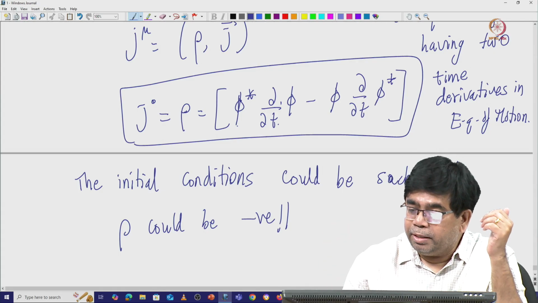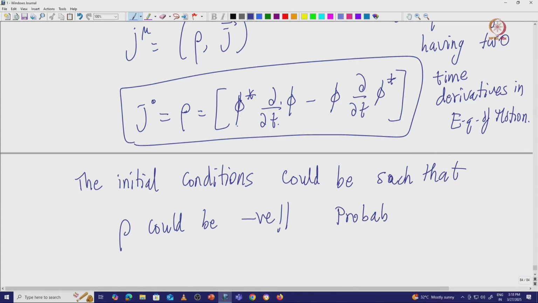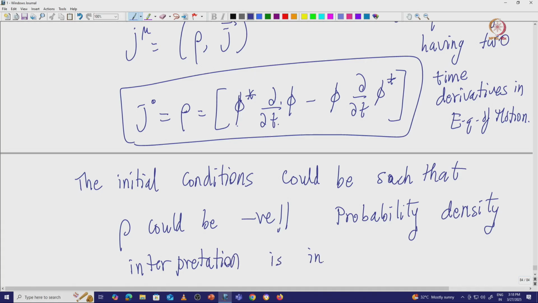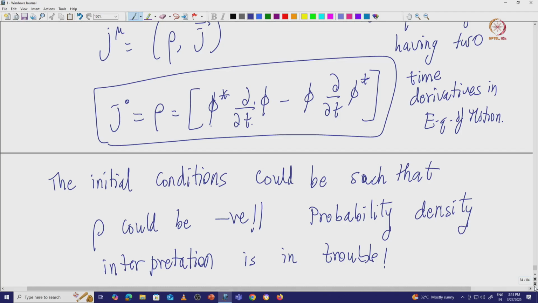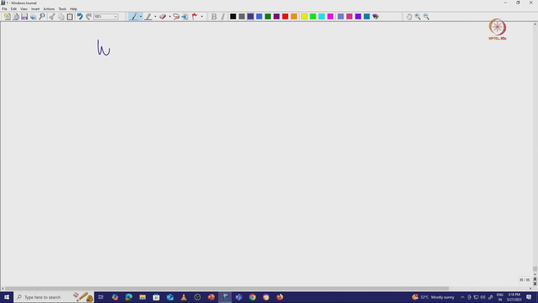So the probability density interpretation is in trouble, because by definition probability density cannot be negative.